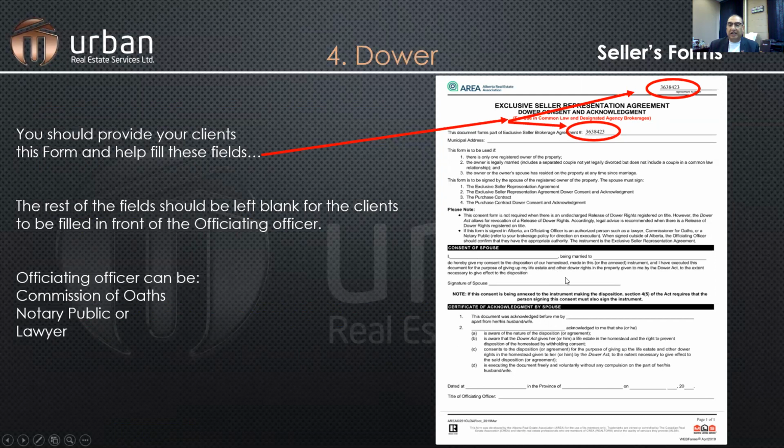So that is the process, so that there should be no conflicts here. So don't fill it for them, because otherwise they will need another blank form to be filled. The lawyers or the notary publics might have their own forms, which is fine, but most of the time I've seen clients feel at ease when you provide them this form, and it is available on the web forms. Very easy form to fill, and you provide it to them.